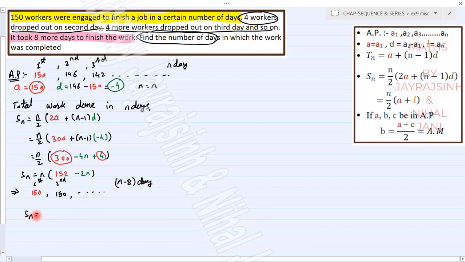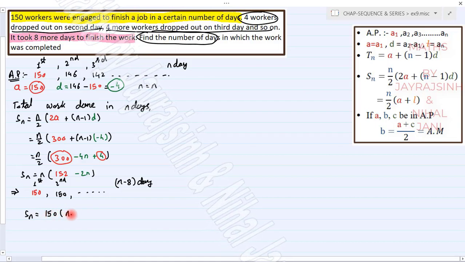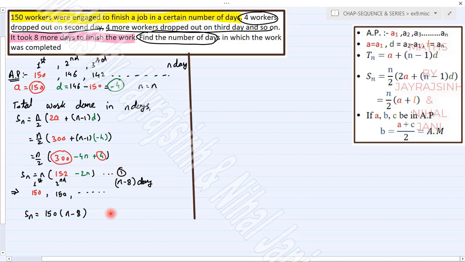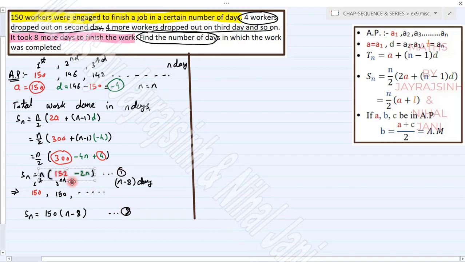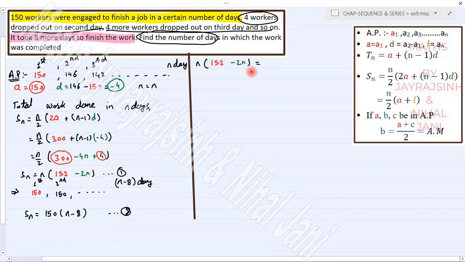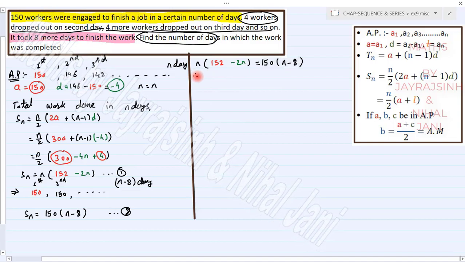In that case Sn will be 150 into n minus 8. So to find the value of n, we have to compare equation number 1 and equation number 2.